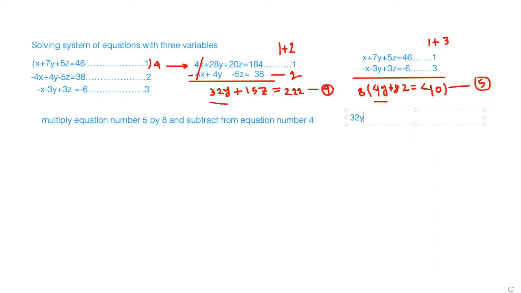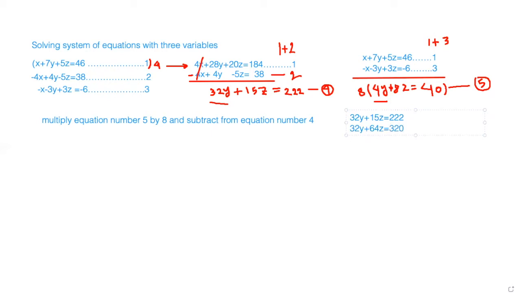32y plus 15z equal to 222, and then 8 times 4 is 32y plus 64z equal to 320.